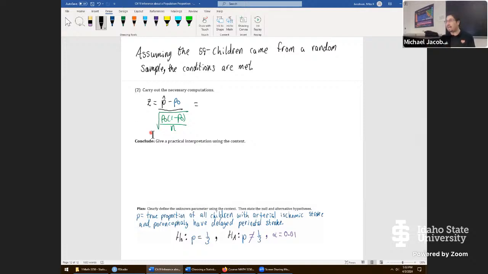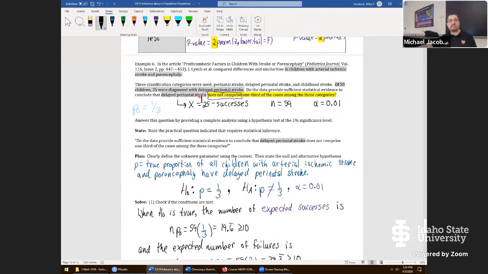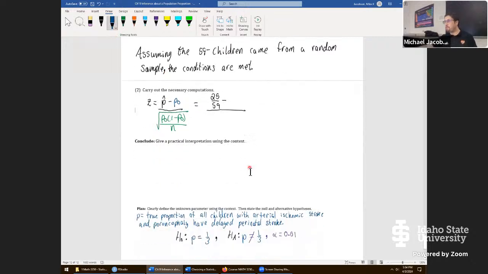First thing to calculate is p hat. And one thing I recalled about p hat is the sample size was 59. I'm looking at it right up here. I'm kind of cheating. I don't recall the number of successes, so let's go and find that. Delayed perinatal stroke was a success, and there was 25 of them in this problem. So it's 25/59ths minus the value from the null hypothesis.